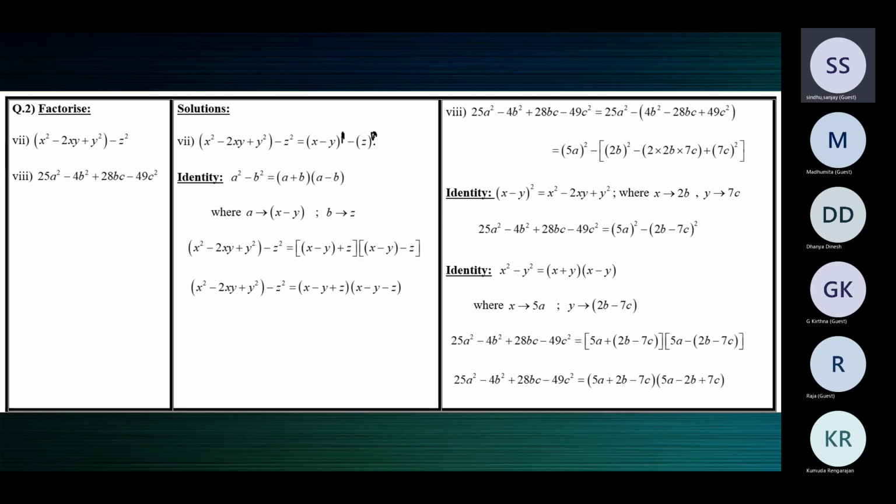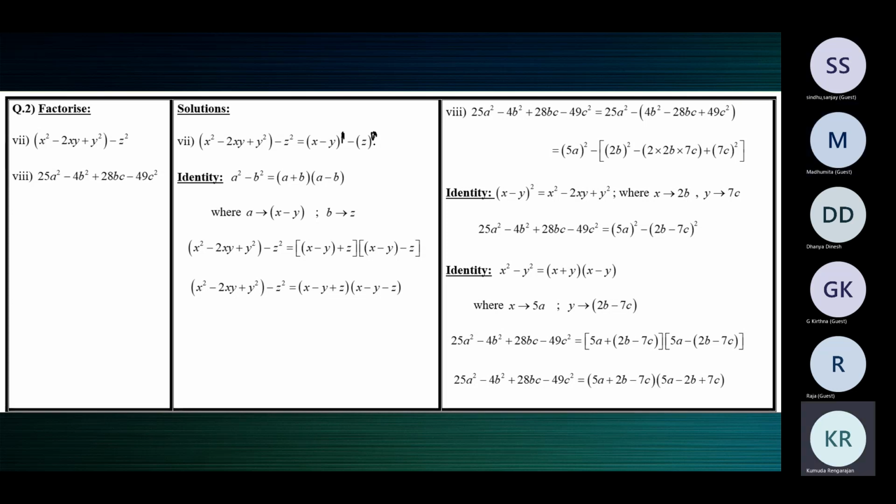X minus y, ma'am. What is b square? What is b? Z, ma'am.